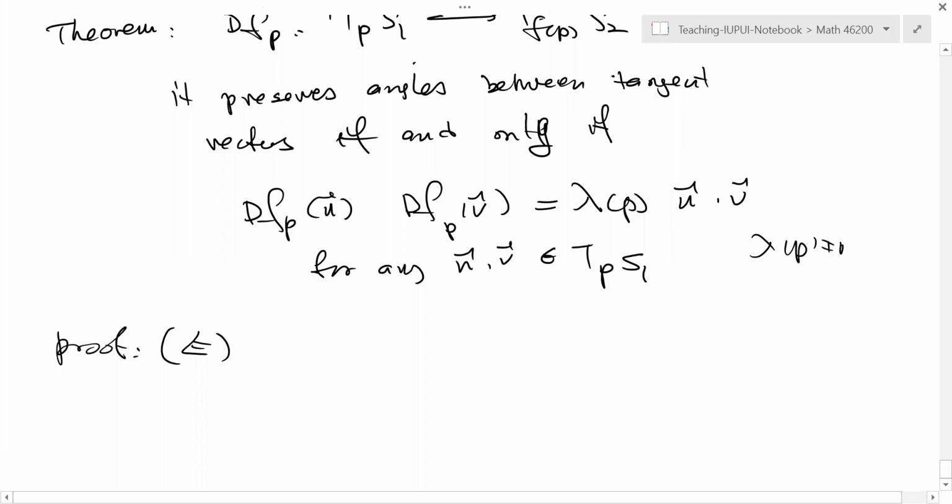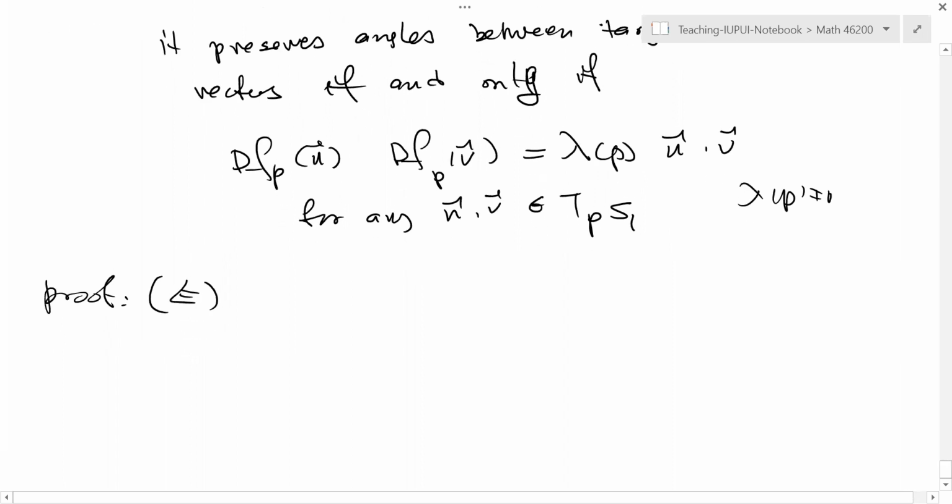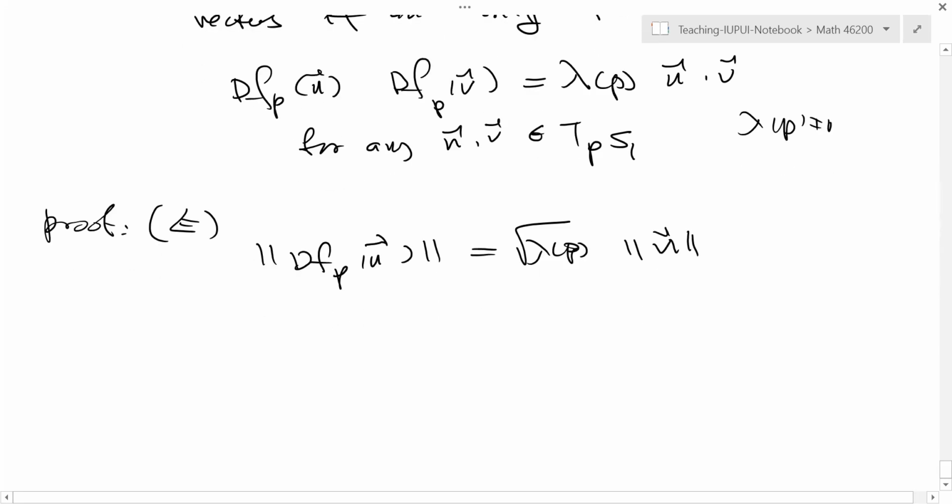So if that is true, then what are you going to do? This implies, at least, let u be v. So you get the square of the length scaled by lambda p, because letting v be u, both sides are the squares of the lengths.